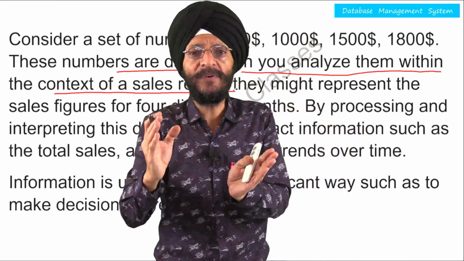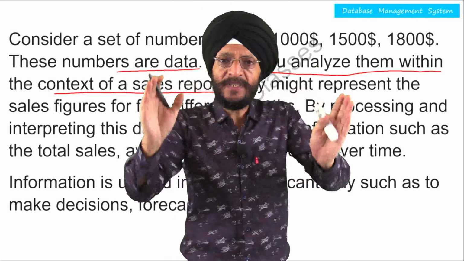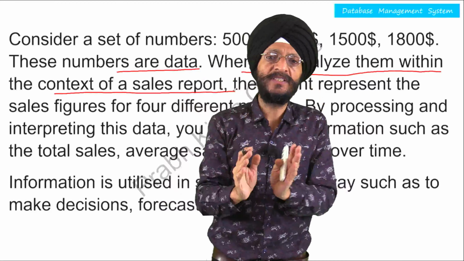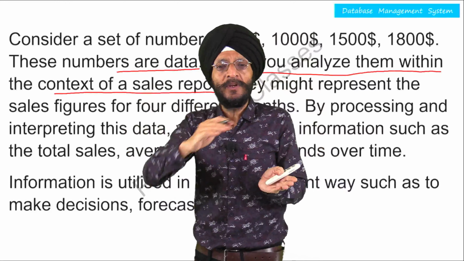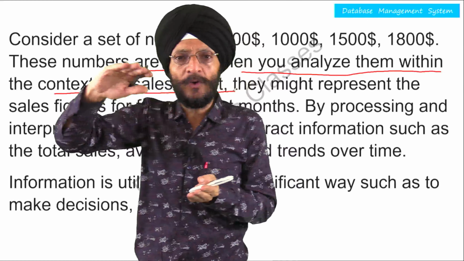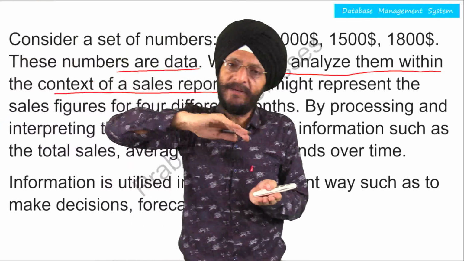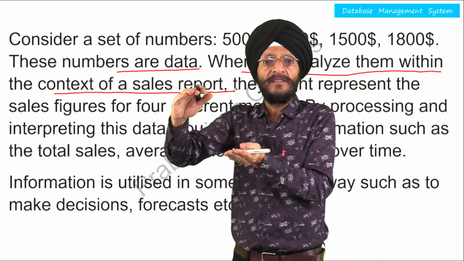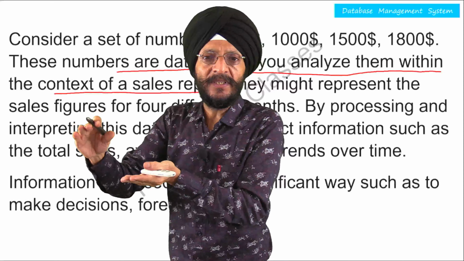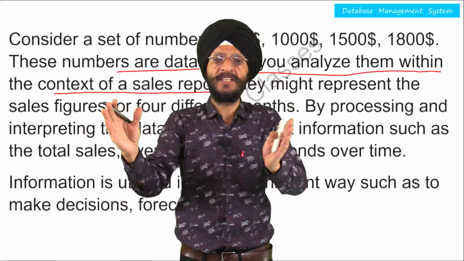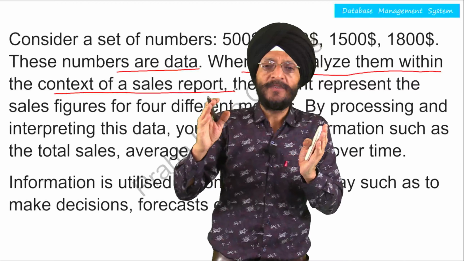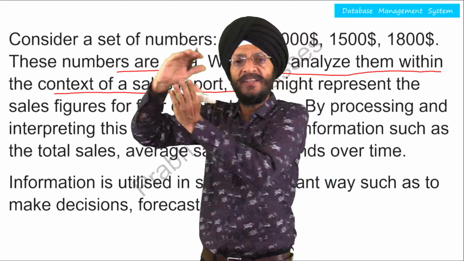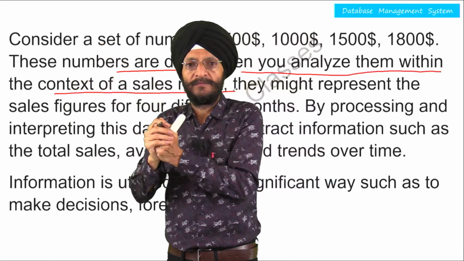Now this is the information which has been presented to us in the form of a sales report, and from this information you can conclude whether the sales of the organization are increasing every month, what is the average sales during all these months, and what is the total sales, and what steps you would like to take to increase your sales in the future.